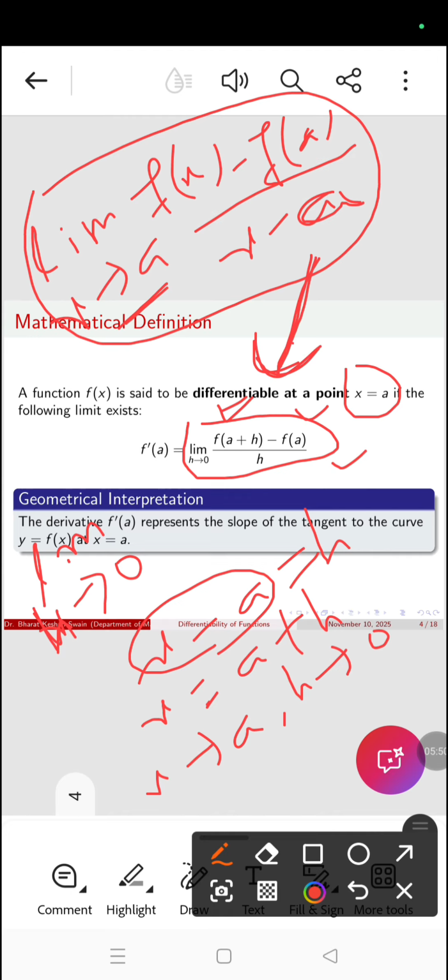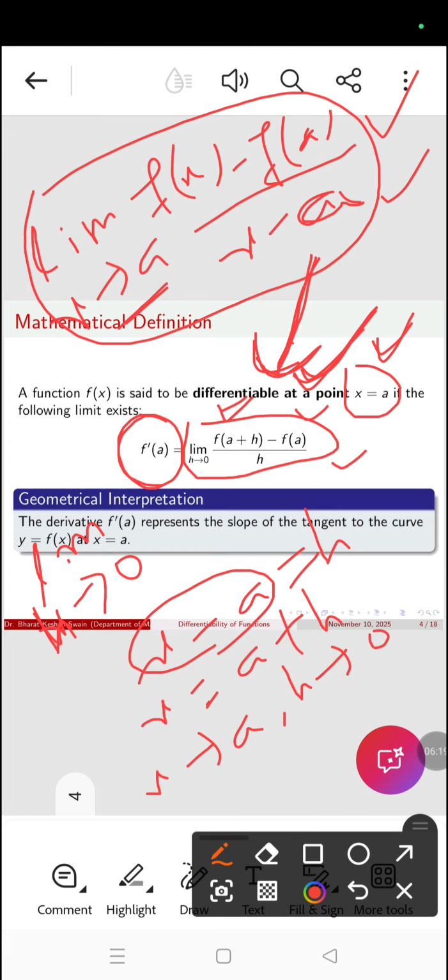So you can apply this limit or that limit; both are equal. If this limit exists, or it has a finite value, then we say that the function is differentiable at point x equal to a, and we denote it as f dash a.